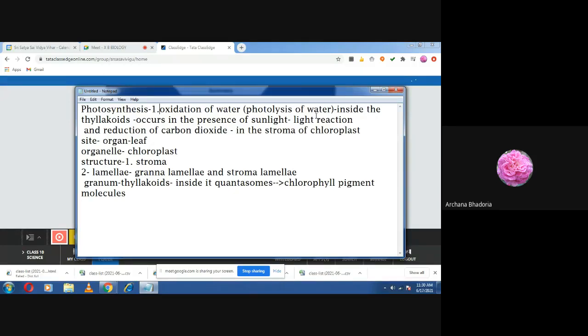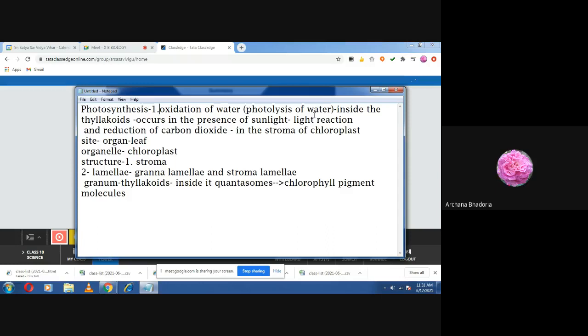But if I ask where the light reaction will occur? Quantasomes, present inside the thylakoids, which form the granum. I hope you got the complete address. Got it or not? Yes ma'am.